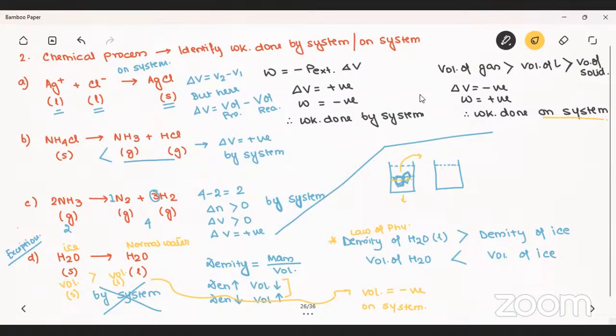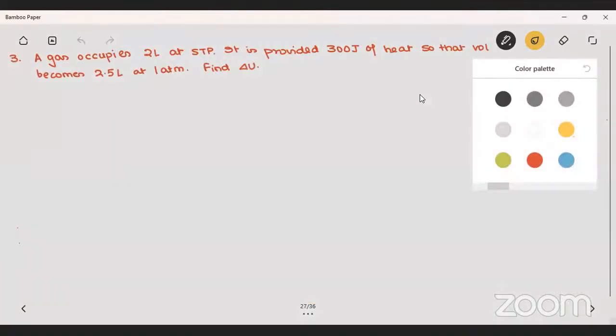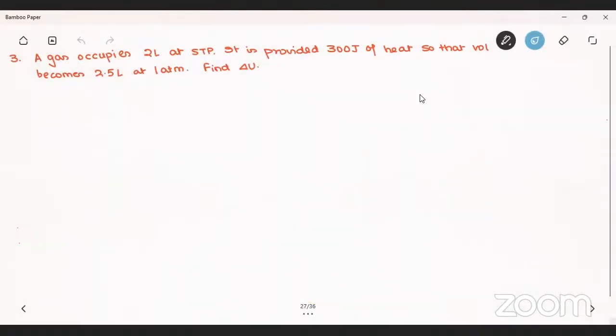Yes, ma'am. Good, good. Now, these are the questions you will be getting in your exam. A gas occupies 2 liter volume at STP, okay? It is provided 300 joules of heat. See, what is the language? It is provided 300 joules of heat. What does it mean? What is this 'it'?